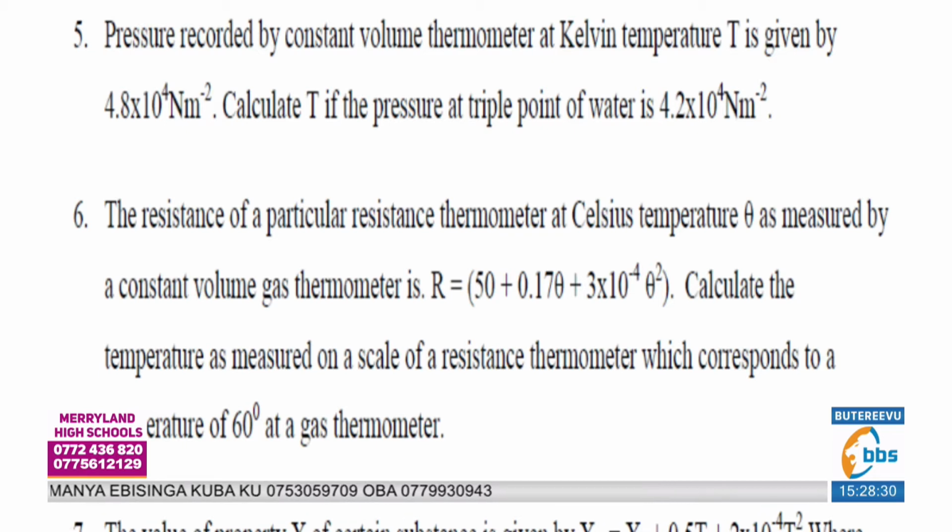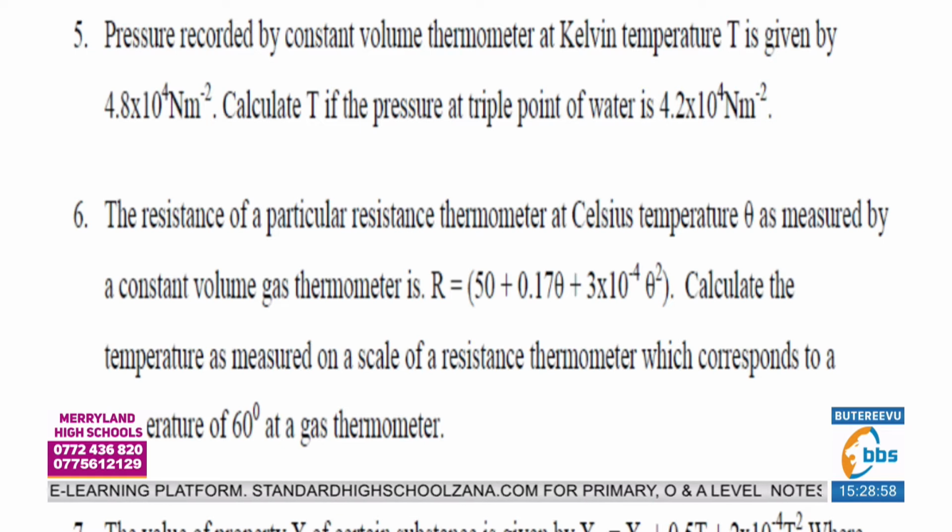So, there it is. My question 5 is reading that the pressure recorded by a constant volume gas thermometer at Kelvin temperature T is given by that. Calculate T if the pressure at the triple point of water is 4.2 exponent 4.